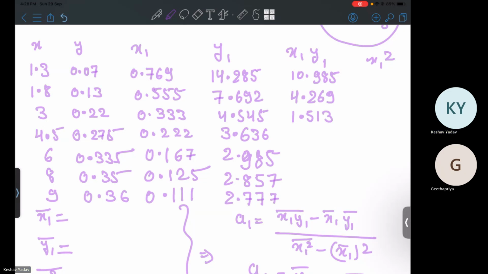Now 0.167 multiplied by 2.985 will correspond to 0.498.